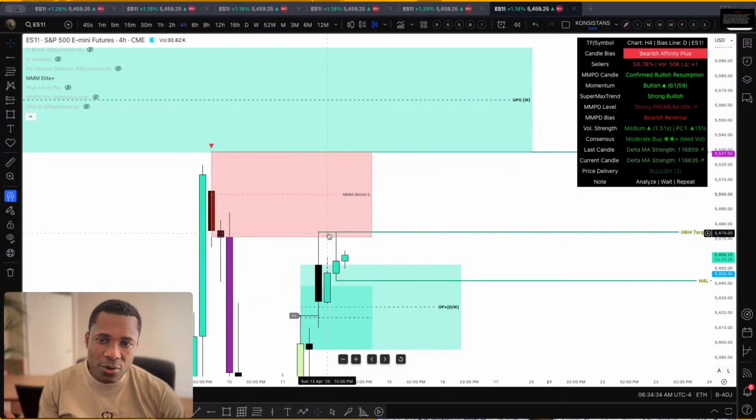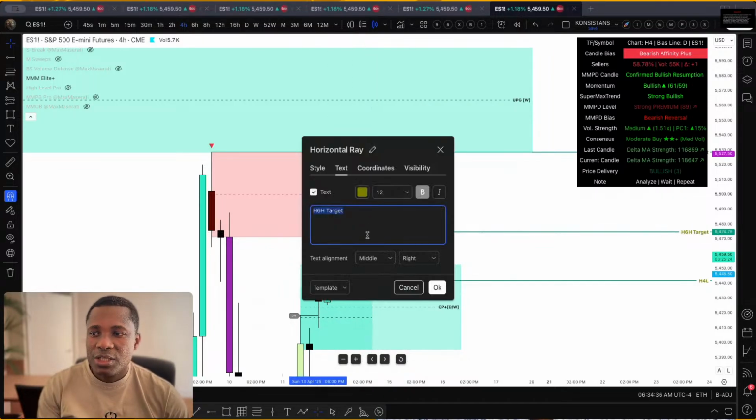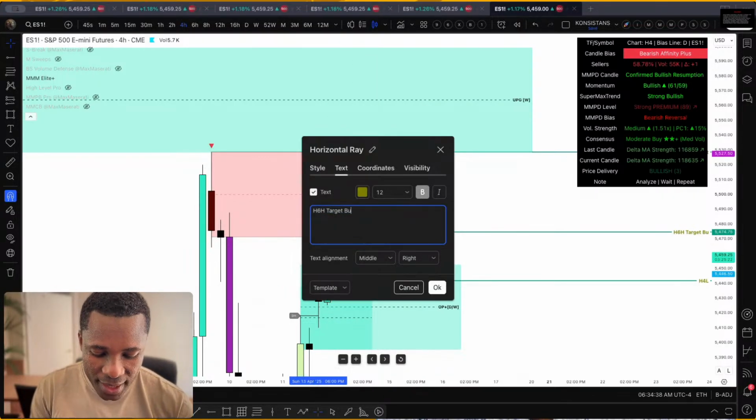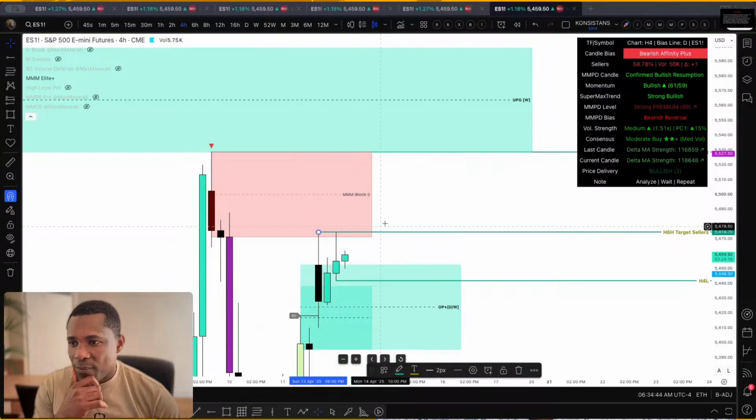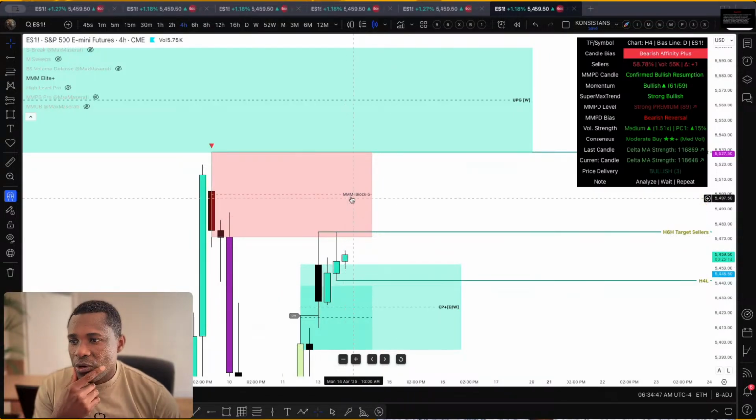But what we do know is we have a very nice, juicy seller's level here that price might want to go to. If price were to come here first, we highly likely expect price to come back to fill the positive opening.